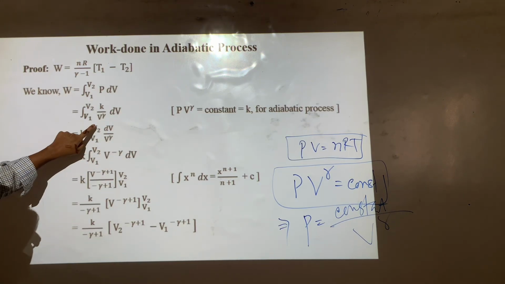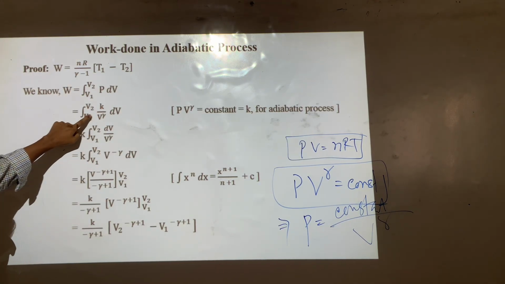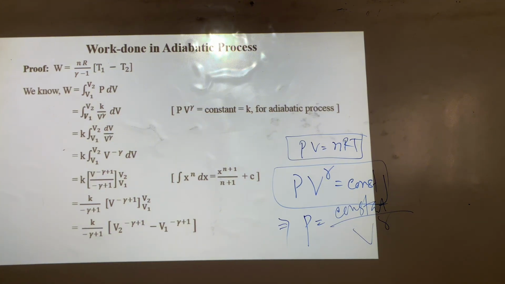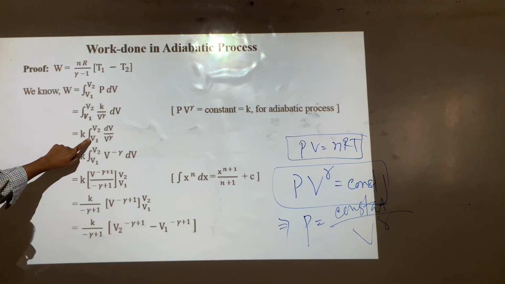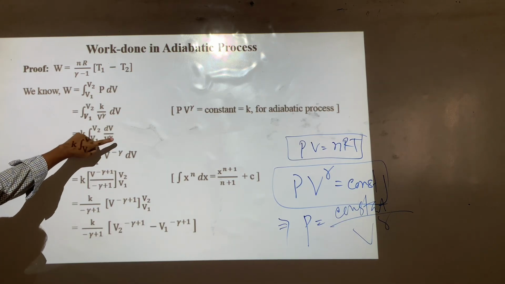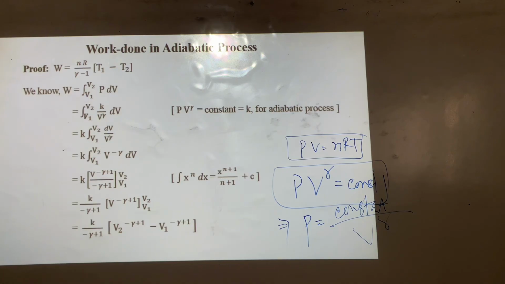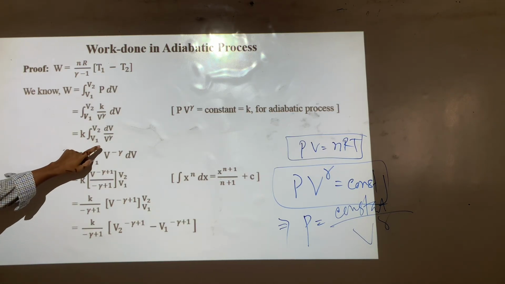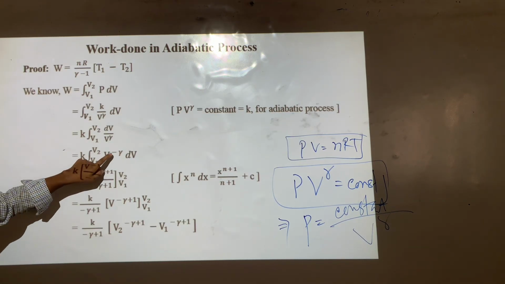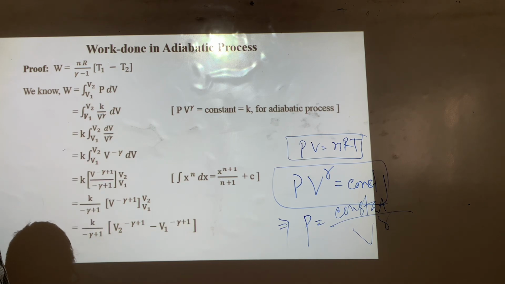Now that we have this constant, it is out of the integration because you don't need to integrate a constant, right? Now, in the denominator it is V to the power gamma. When it goes to the numerator, it becomes V to the power minus gamma, right?